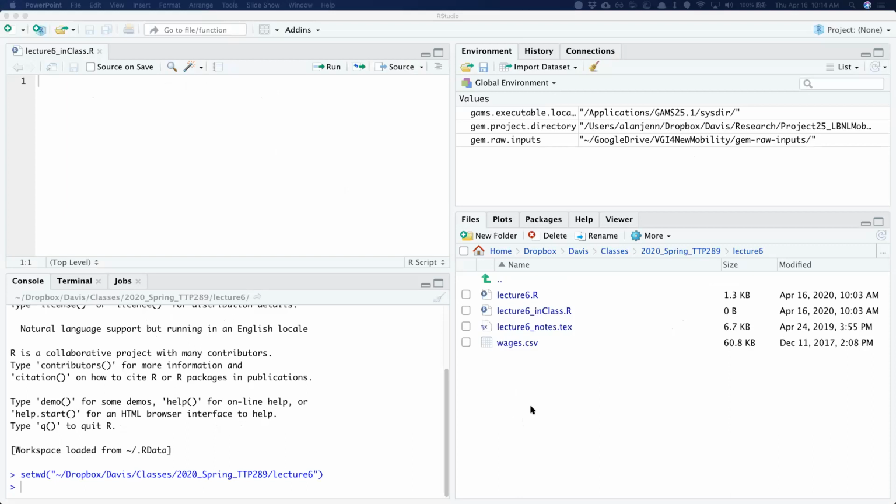just one quick piece of logistical information for the class. The first homework is due today at the end of the day.